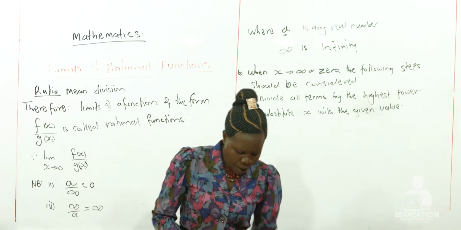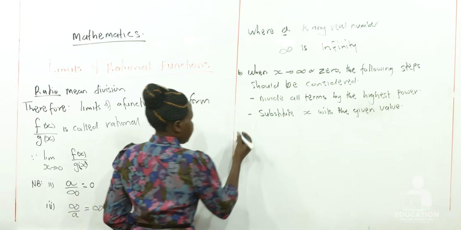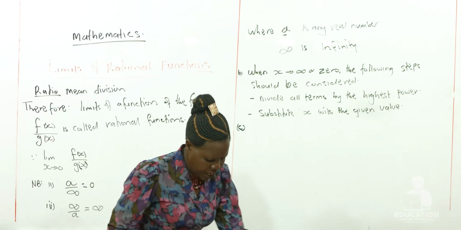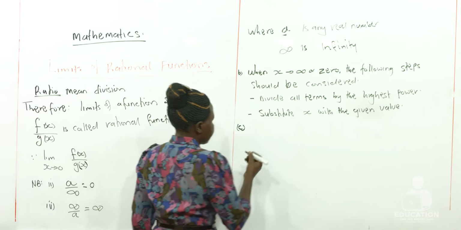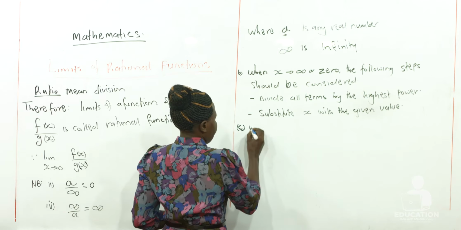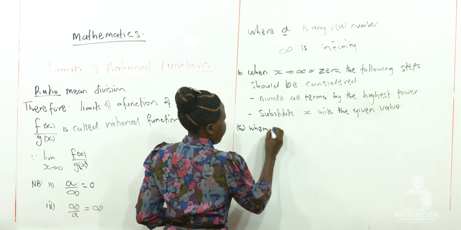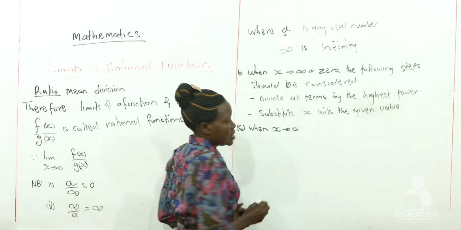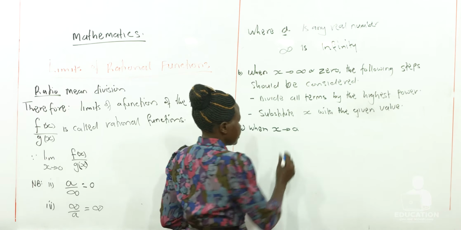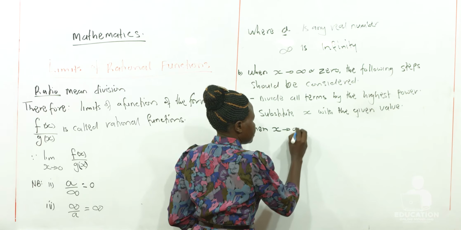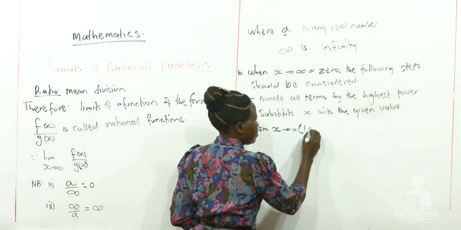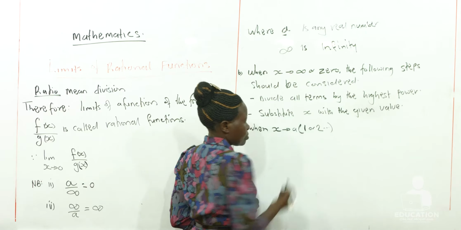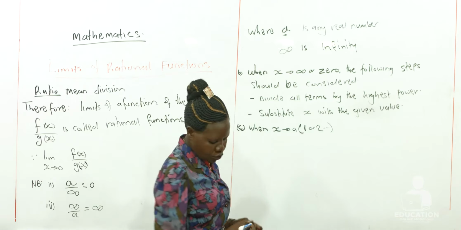So part C, before we go to examples: when x is approaching any real number A, that is, a number such as 1 or 2, etc., then what do you do?